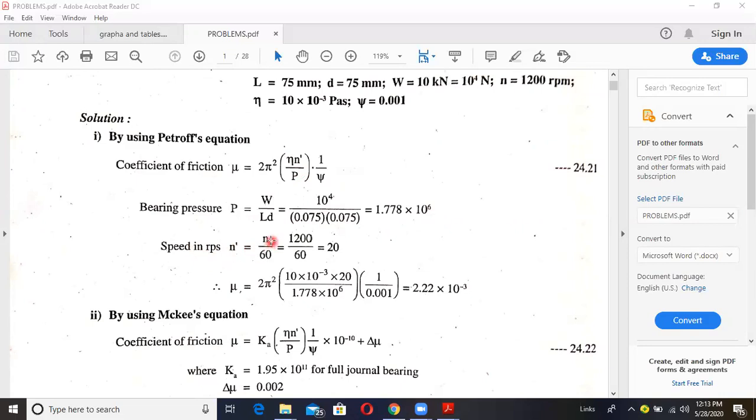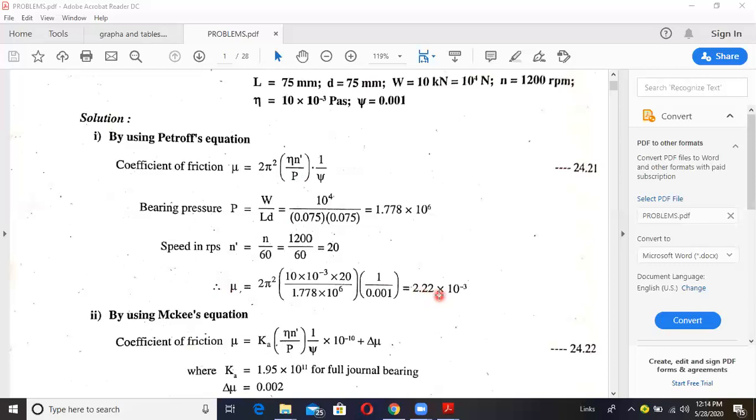Therefore n dash is equal to n divided by 60, since 1 minute is equal to 60 seconds. Dividing by 60, we get the speed in RPS, that is 20. Now substitute P, n dash, eta, and xi into the formula to calculate mu, the coefficient of friction.